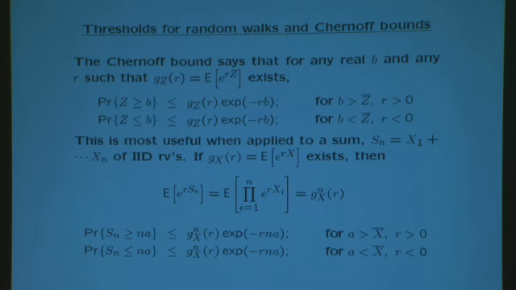You can calculate these generating functions if you want to. This is the Markov inequality for the random variable e to the rz. And go back and review chapter 1.